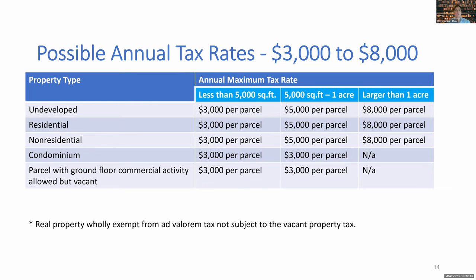So you'd have a $3,000 per year tax up to $8,000 per year, based on whether the parcel is a small parcel under 5,000 square feet, all the way up to a large parcel greater than 1 acre, which would see $8,000, with a middle range of $5,000. Condominiums would, in this example, be a flat rate of $3,000 per condo sitting empty, as well as ground floor.